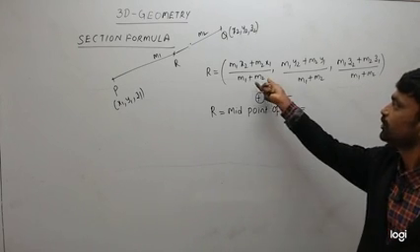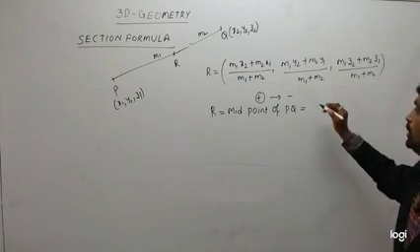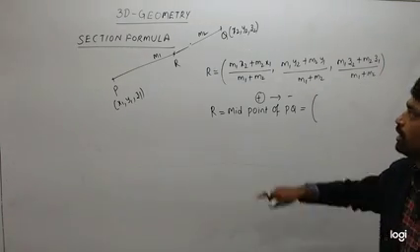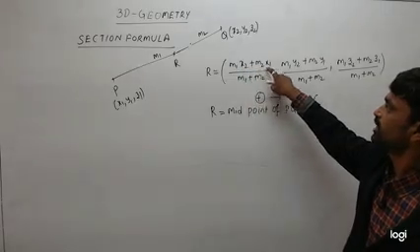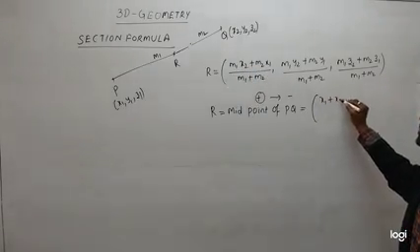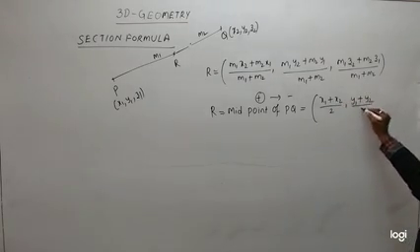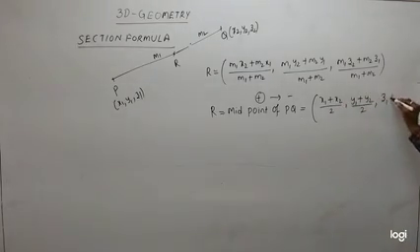So in this formula, you replace m1 and m2 by 1. If you replace them, what will you get? (1 into x2 plus 1 into x1) by (1 plus 1). That is nothing but (x1 + x2) / 2. Next, (y1 + y2) / 2, and the z coordinate (z1 + z2) / 2.